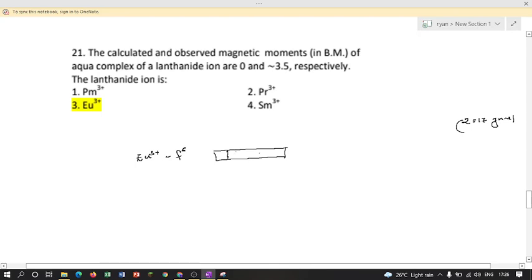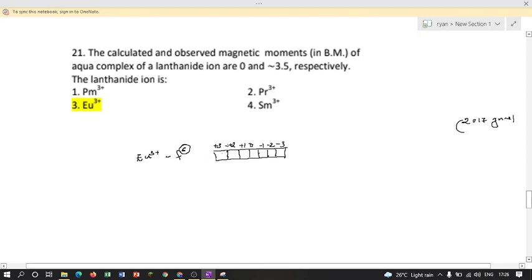One, 2, 3, 4, 5, 6, 7. Therefore, this was +3. Here +2, +1, 0, -1, -2, -3.